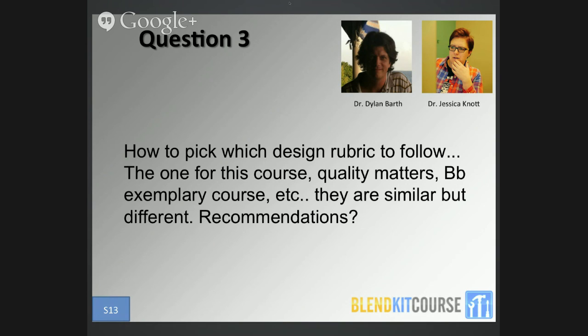But having a rubric that also includes things about how well an instructor interacts in the online environment, even if it's used in a design capacity, I think it can really help instructors get a sense of what is important, and reinforce those effective practices for when the course is ongoing. So that's my take on that.